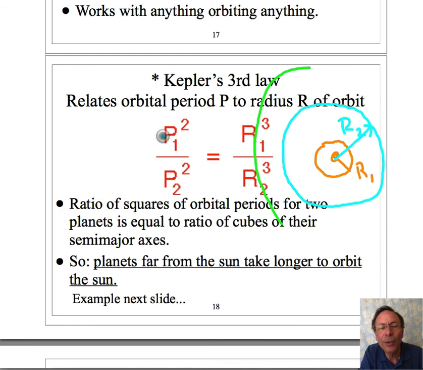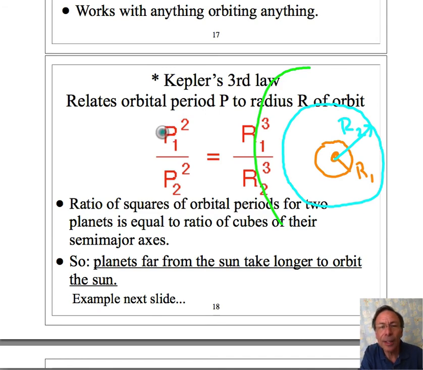It'd be 1/12 of a year squared. Now if you carry this out and you cube this ratio, they're equal to each other. Bottom line, what this means is that when the radial distance of the orbit is small, the period is small.